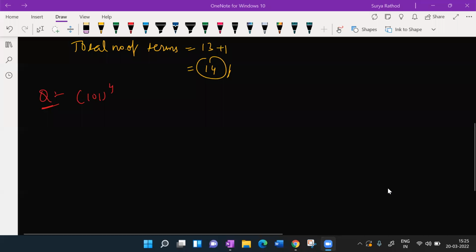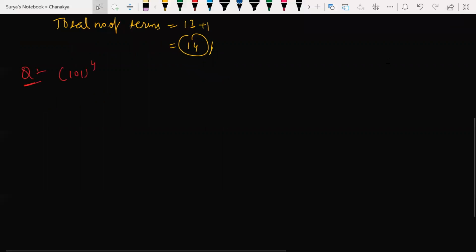So how can we use this binomial theorem, the binomial expansion concept, to apply in this question? So 101 to the power of 4 is given to you. How can I write this? Can I write this as (1 plus 100) to the power of 4? Can we write or not? Isn't it looking like (a plus b) all to the power of n expansion now?